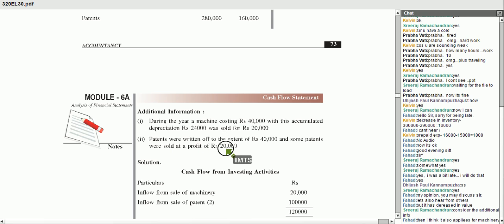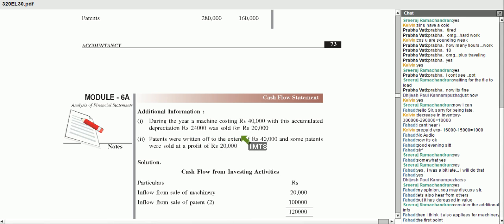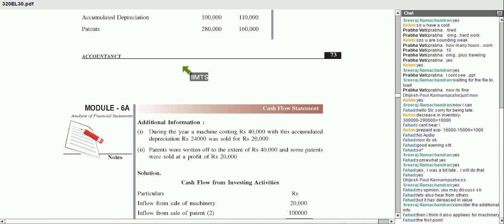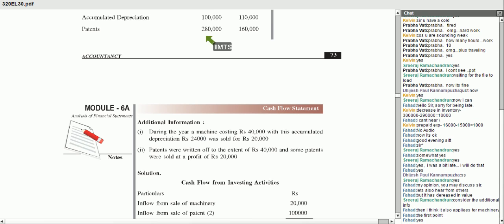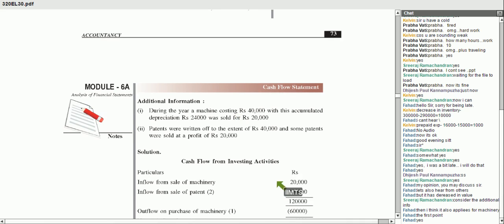During the year, a machine costing rupees 40,000 with this accumulated depreciation was sold for 20,000. That is the net inflow we are talking about, considering both this point and this point. Getting my point? So the total inflow is 1,20,000.